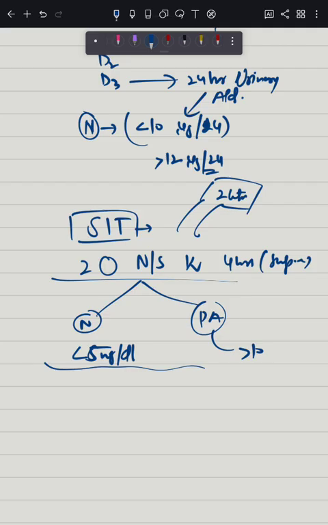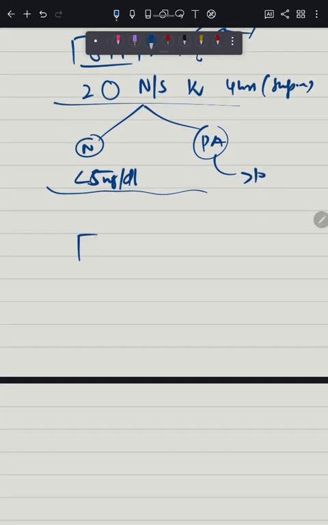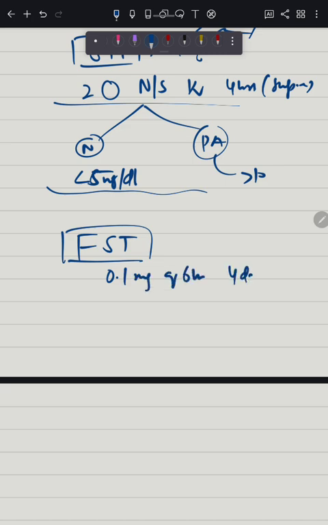Now third is the fludrocortisone suppression test. The patient gets fludrocortisone, that is 0.1 mg every 6 hours for 4 days. The patient also gets high salt intake and potassium supplements. Then you measure plasma aldosterone, renin, and cortisol.